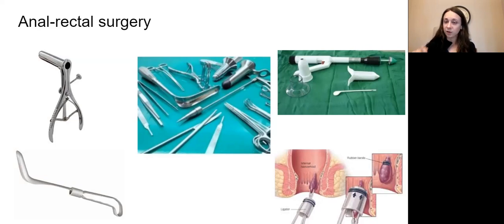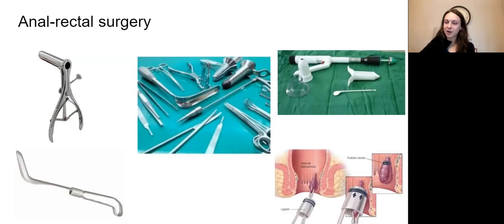So you know that hook will be used for fistulas to fix that hole, rectal dilators to dilate before we can get a speculum in, and then to actually look inside, we'll use that anoscope. So make sure you know what that rectal set includes right here on page 443.